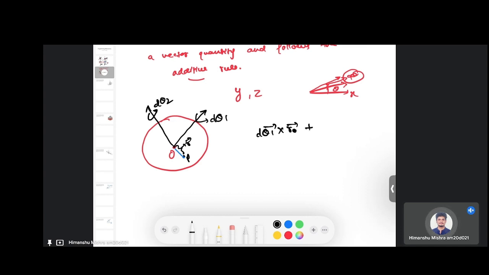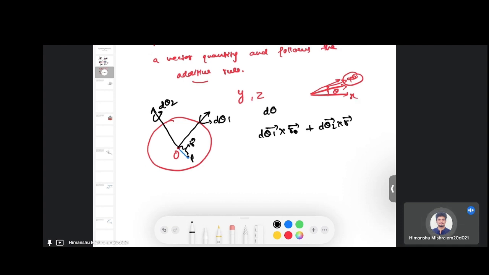Then you exhibit a rotation d theta 2 and the point P will move d theta 2 cross r. So first you exhibit rotation d theta 1 and then d theta 2, and the point P will move following this equation and reach a different point P dash.